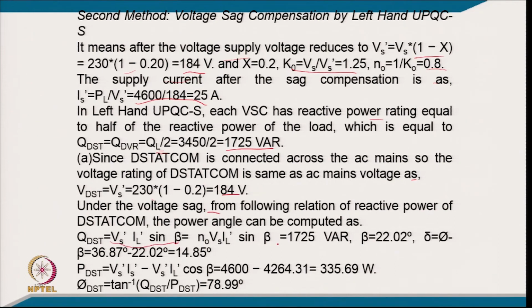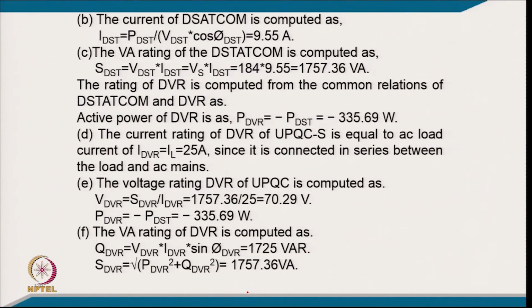So, typically beta comes to 22 and delta comes to typically 14.85, and we can calculate the power of DSTATCOM from this relation, it comes to 339.69, and the angle of DSTATCOM is 78.99 degree, and the current rating of DSTATCOM is calculated from P divided by voltage times cos. So, it comes to 9.55.